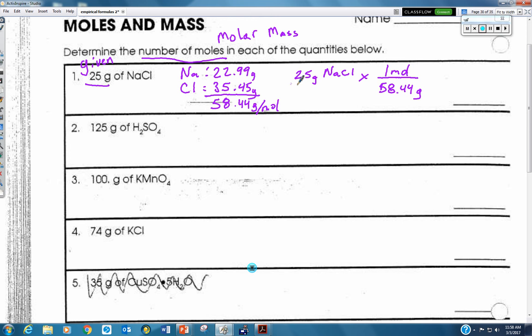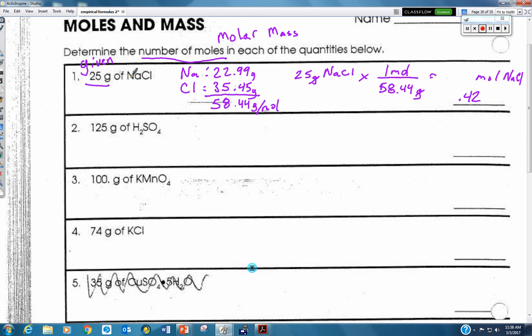That means grams cancel, and we are left with moles NaCl. 25 divided by 58.44 gives us 0.4277891855 moles.